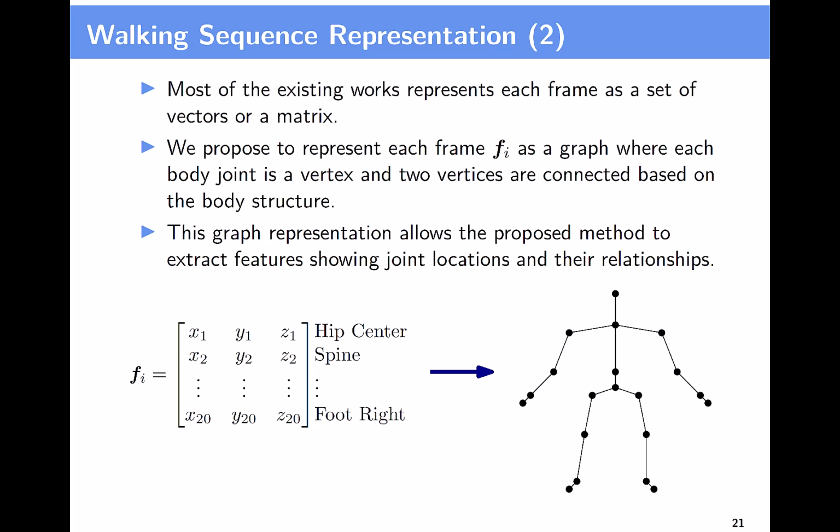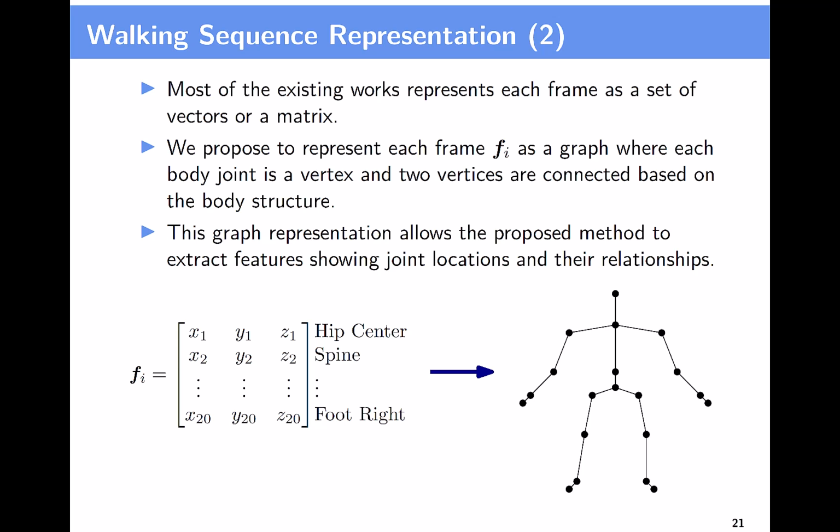Most of the existing work represents frames as vectors or matrices and tries to apply traditional convolutional operators in order to transform or extract features from this frame. But traditional convolution cannot be used efficiently with this kind of data because skeletal data has more complicated structures.